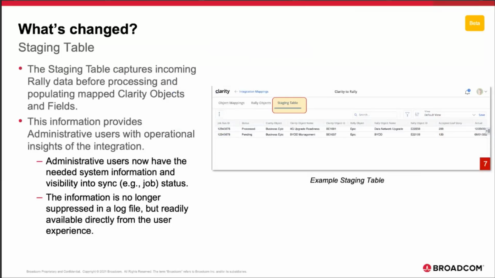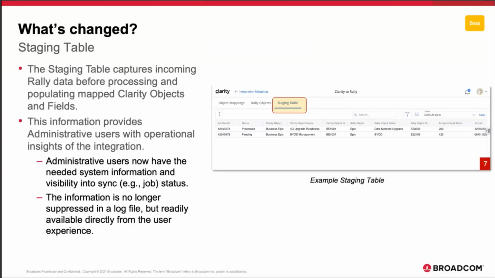The second half of that is it's going to populate what we refer to as a staging table. The staging table, from an infrastructure perspective, includes an area to capture the Rally data before processing and populating the mapped objects and stock custom fields.